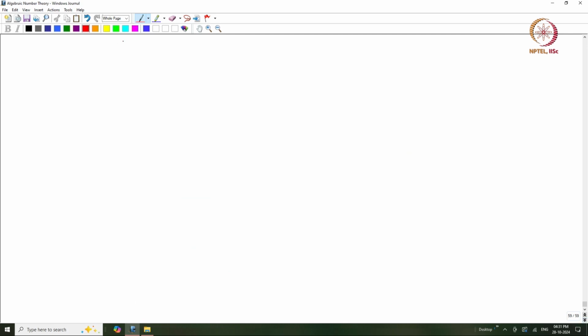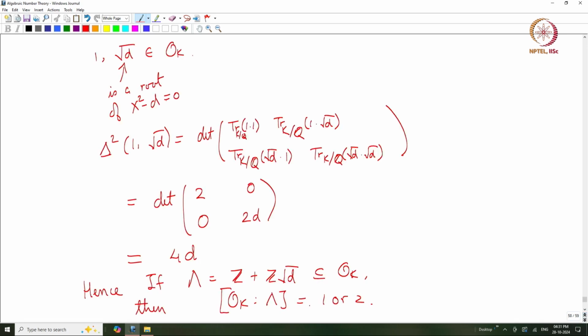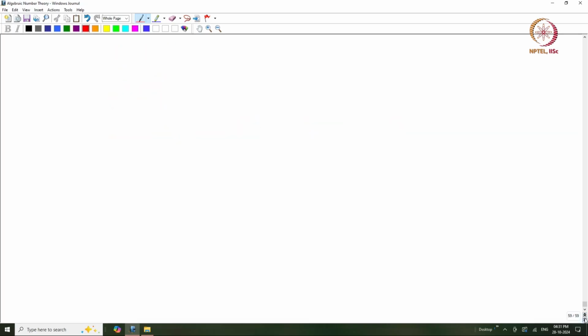This means if the index is possibly 2, then this means that Z plus Z square root of d is contained inside OK, and this is contained in half Z plus half Z square root of d.